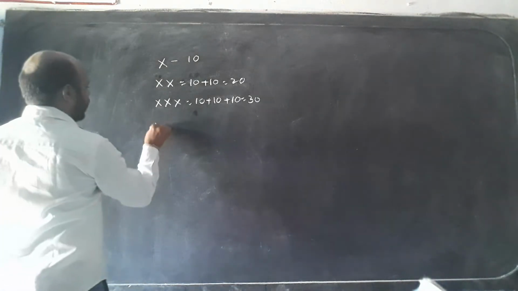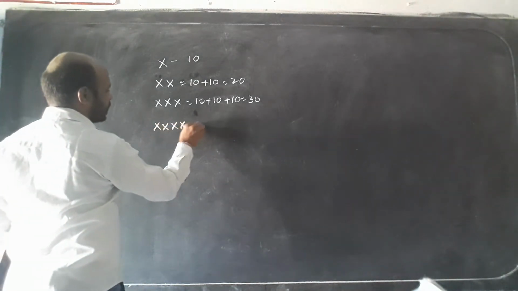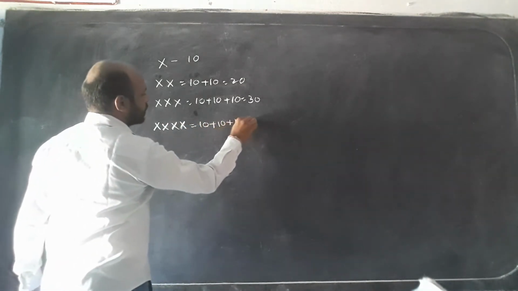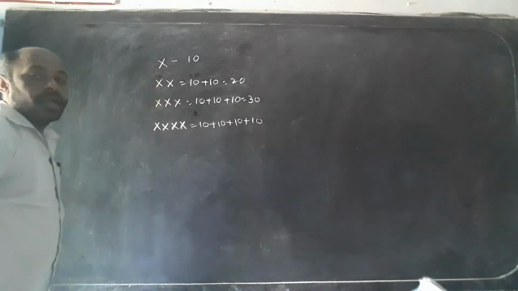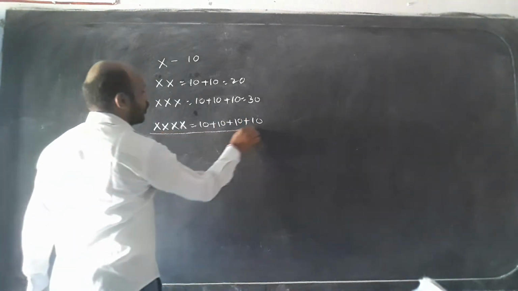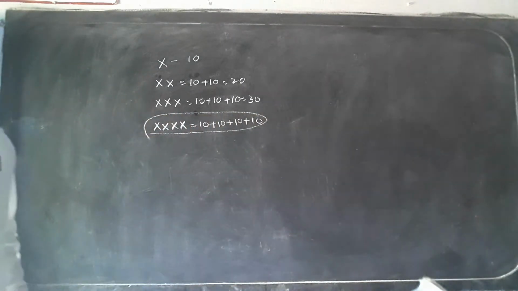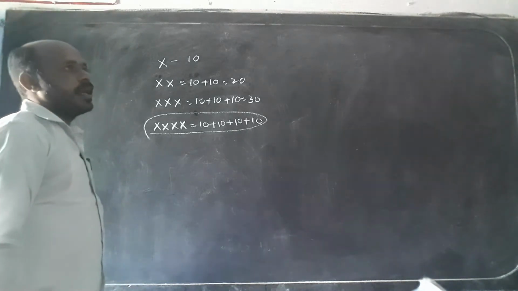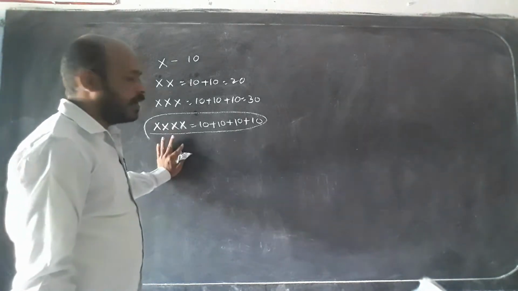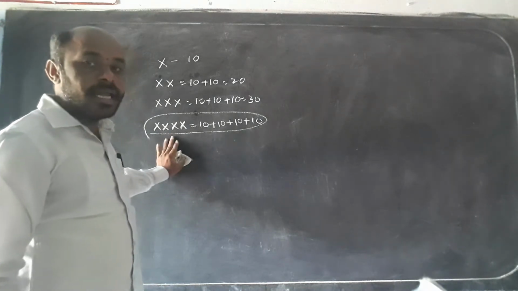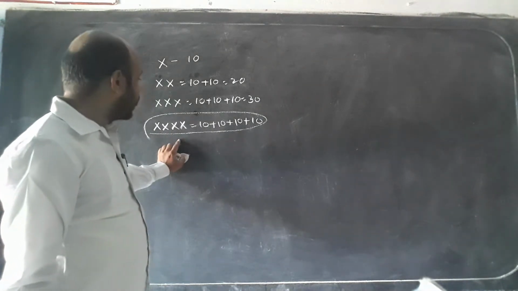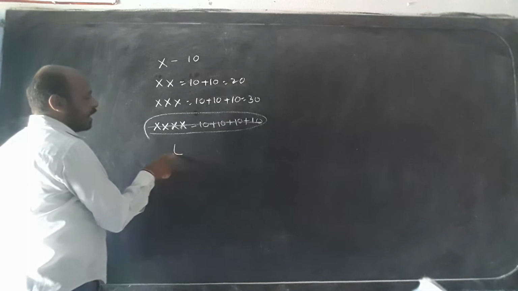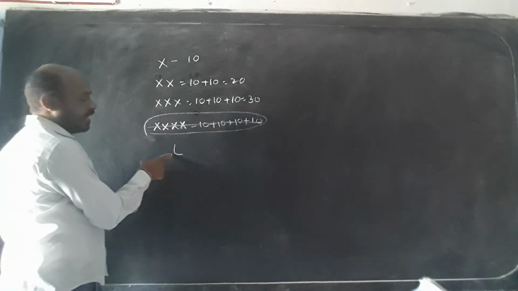Next one: 10 plus 10, and another 10. According to the rule, Roman numbers won't repeat 4 times, no more than 3 times. XXXX is wrong, so we have to write it as L, which is 50.